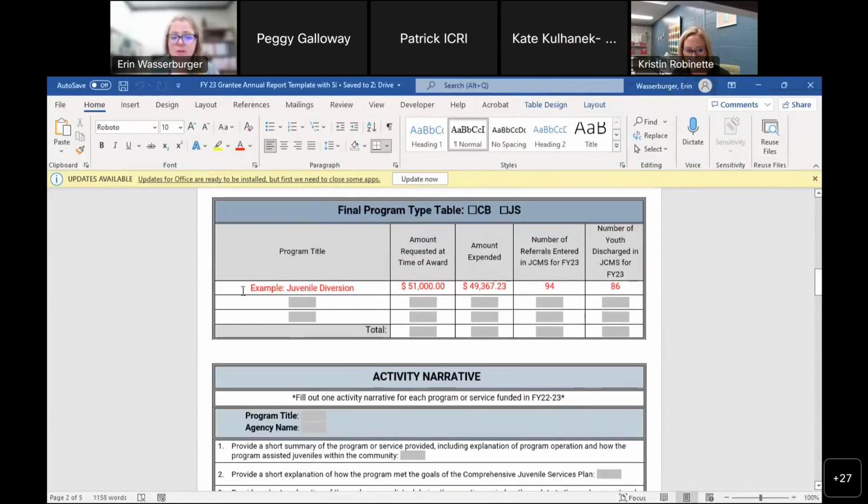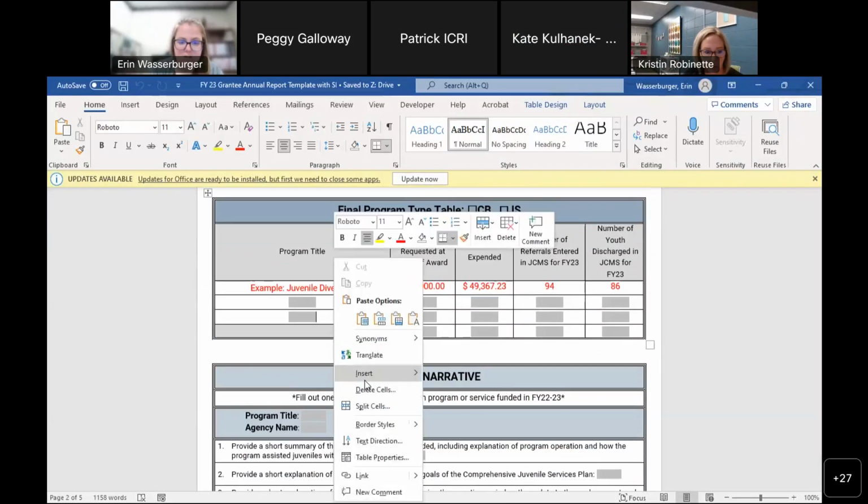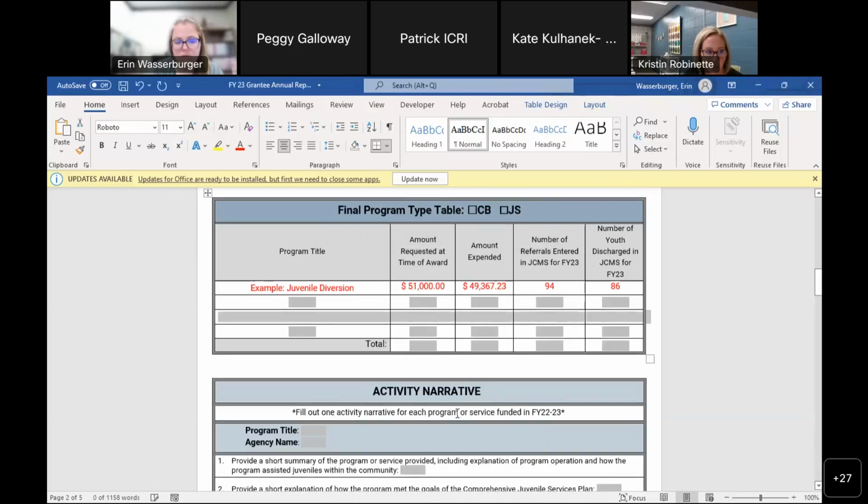If you fund more than 3, you can take this example line out. We don't want to see that in there. But if you fund more than 3 programs, for those of you who don't know, you right click anywhere on one of these rows and insert row below or above, whichever you're putting it in, and it'll give you more rows.